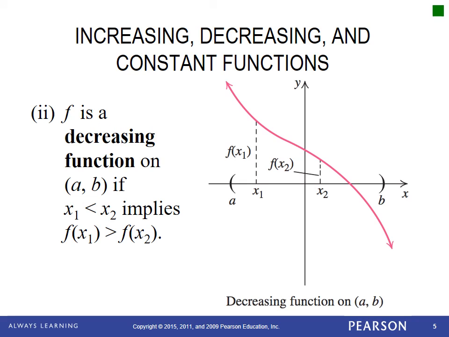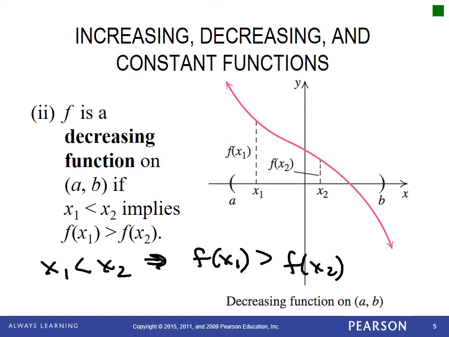Then we have decreasing. See if this makes sense as well. If x sub 1 is less than x sub 2, then by definition, decreasing means f of x sub 1 is higher than f of x sub 2. Any x value to the right of another x value is going to have a lower function value.